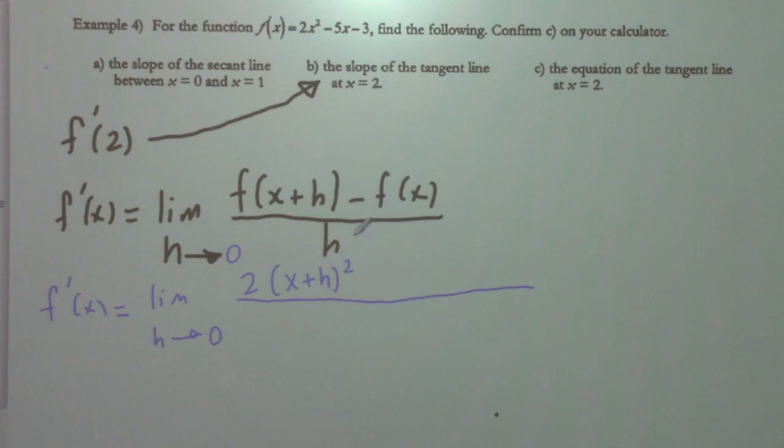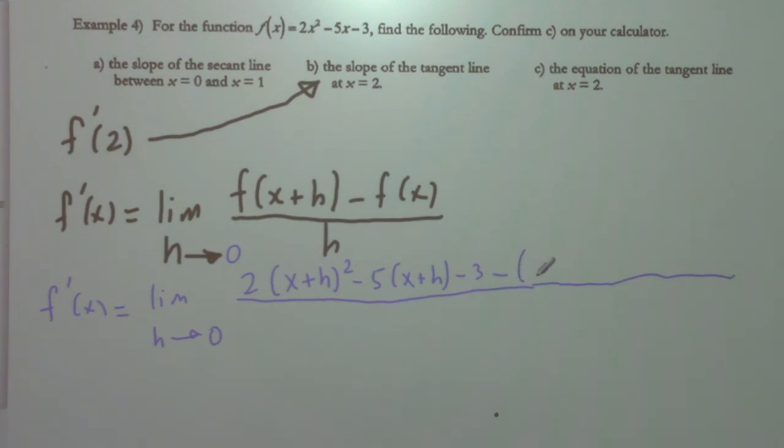So we have that squared here, minus 5 times x plus h, replacing that x here, and then minus 3, and then we're going to subtract out f of x, which is going to be this thing right here.